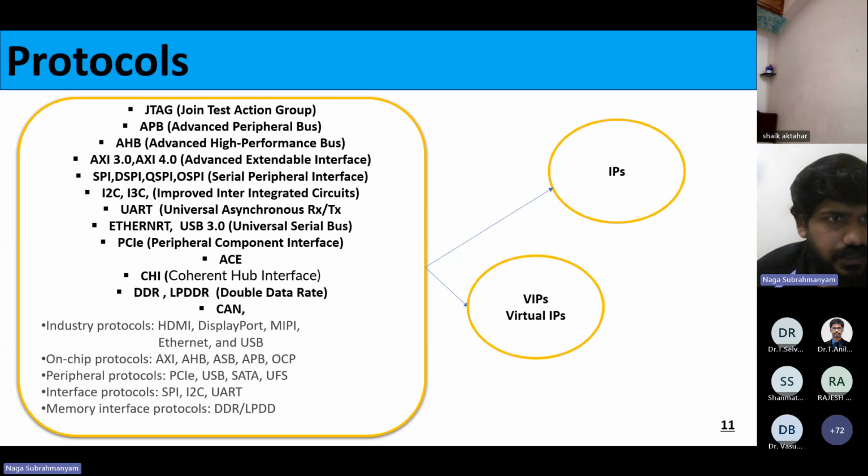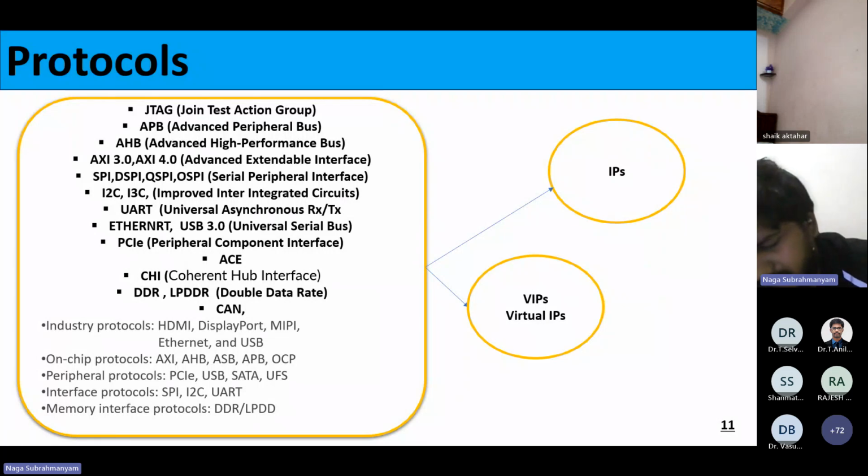So I'm suggesting go by the AMBA things here, whatever starts with A: APB, AHB, AXI. Okay, these three are called AMBA protocols. Nowadays they are extensively using AXI. Okay, so AXI specs are available over the internet.